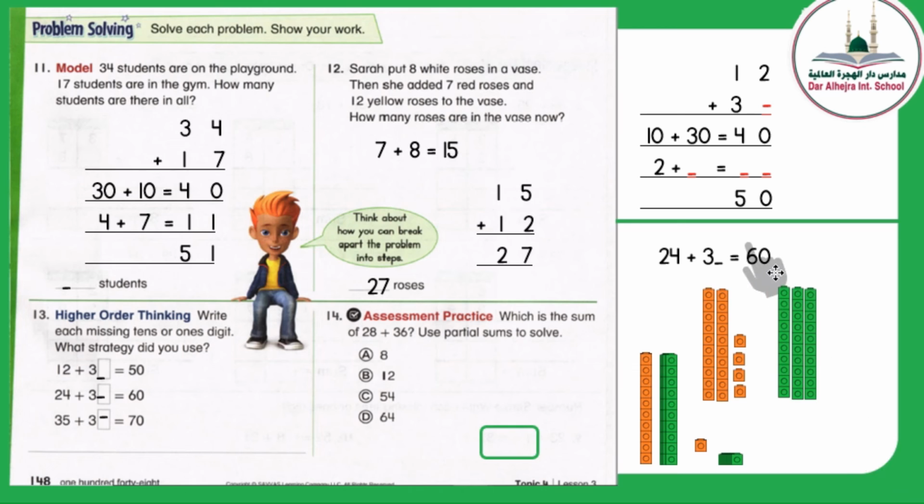And I know I need a total of 60, but here if I count the tens, 1, 2, 3, 4, 5 tens only, I need to make a 10 here. So I'll be regrouping to make a 10. So I need to grab 6 more because already I have got 4. I'll be adding 6 more ones here to get a complete 10.